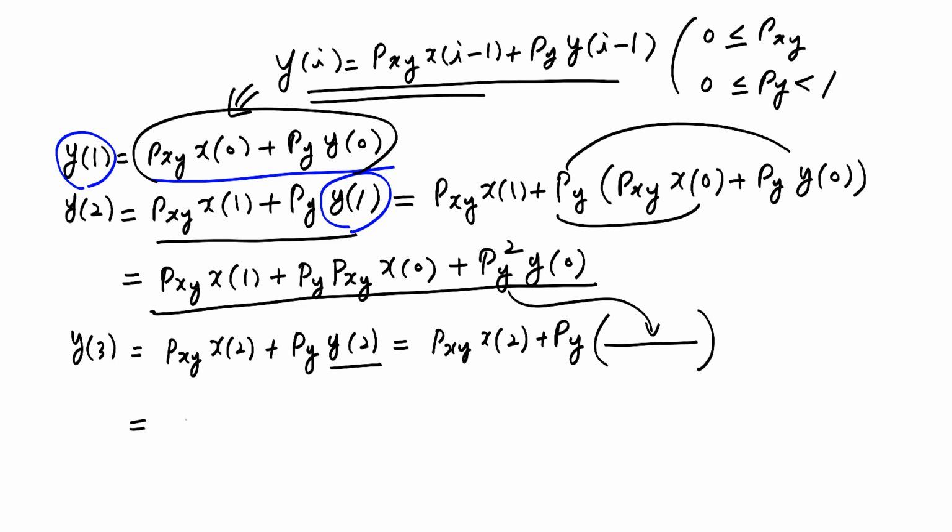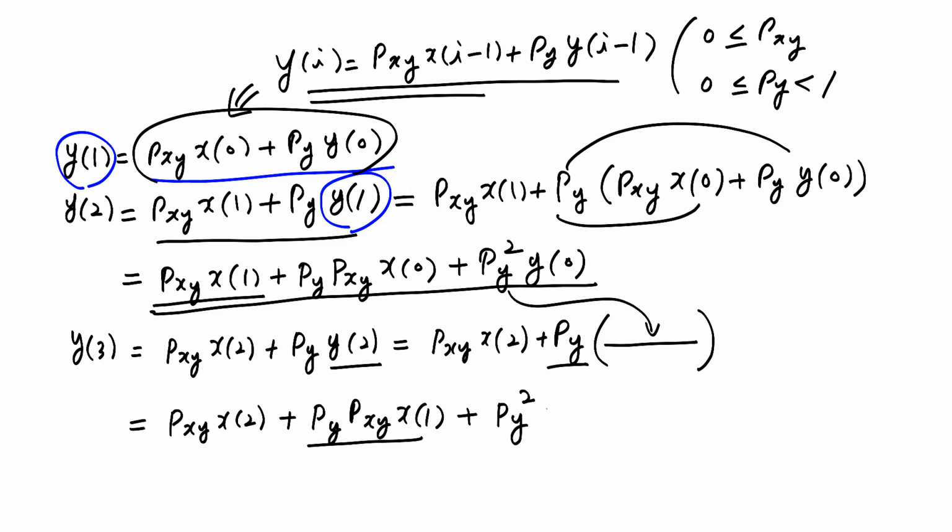And what you get is Pxy X of 2 plus Py Pxy X of 1. If you multiply this and this, you get this. And then plus Py squared Pxy X of 0. And lastly, Py cubed.